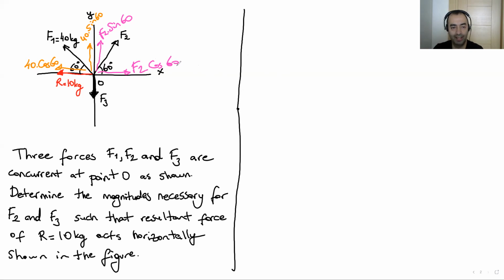F2 times cosine 60 is in positive direction. In negative direction, as you can see, minus comes from direction, 40 times cosine 60. It equals what?